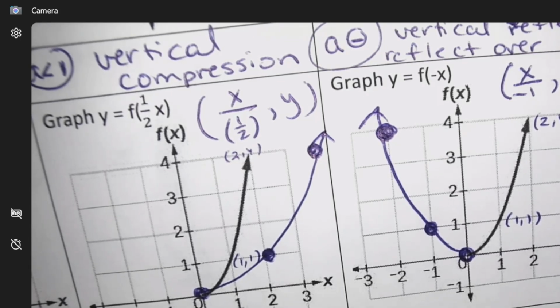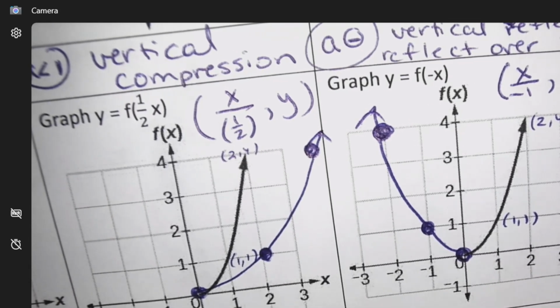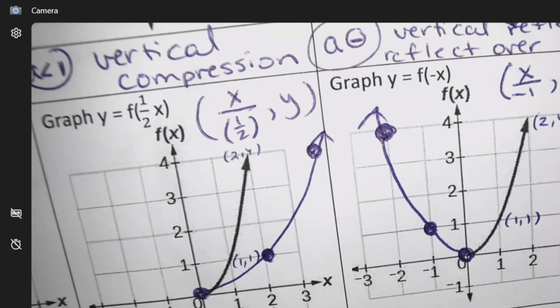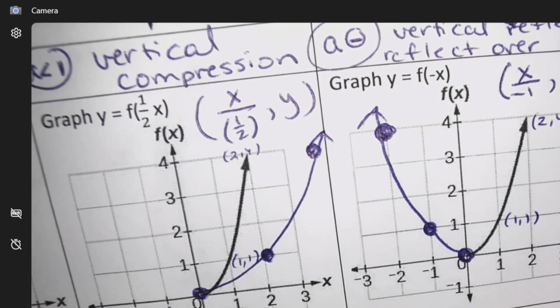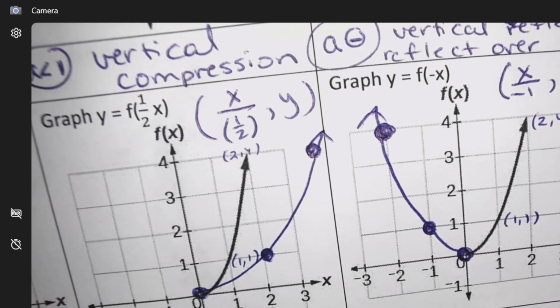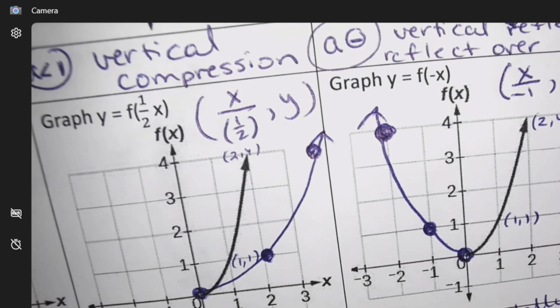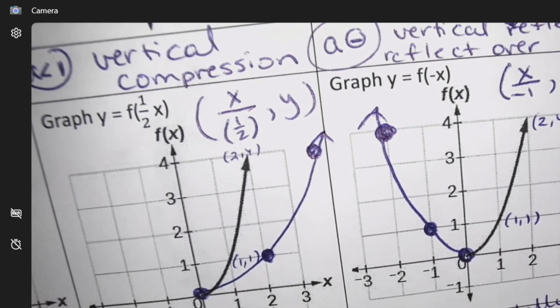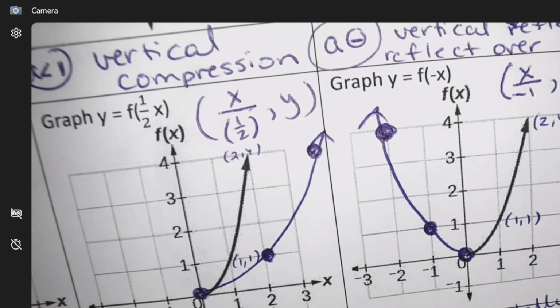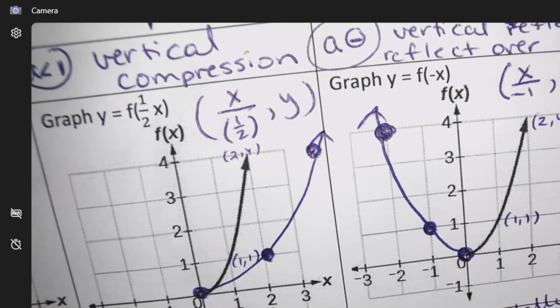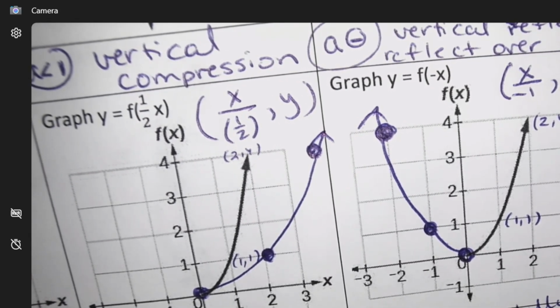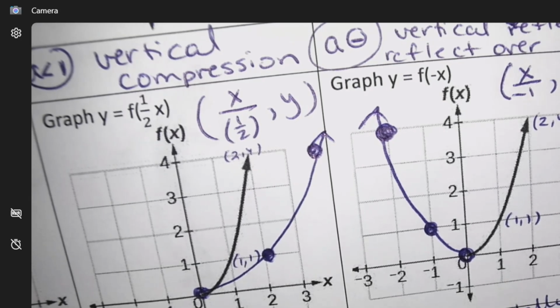Okay, so conclusion, if b is negative, and you can say this in 2 ways, I don't care which way you write, you could say it horizontally reflects, or you could tell me it reflects over the y-axis. If you change x, you're flipping over the y-axis.